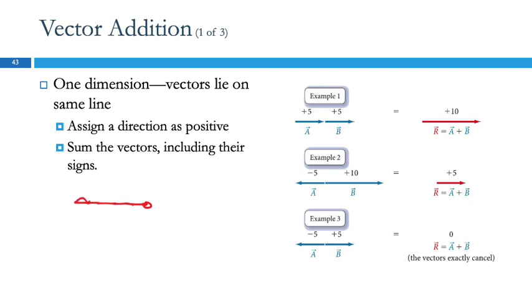So wait a minute. 1, 2, 3, 4, 5, 6, 7, 8, 9, 10. And so the net result there is this part, right? So they don't add up to 0. Here we've got positive 5 and negative 5. They're the same size and they're exactly opposite directions. So you add those together and you get 0. That's what we're talking about with vector addition. Any questions about that?